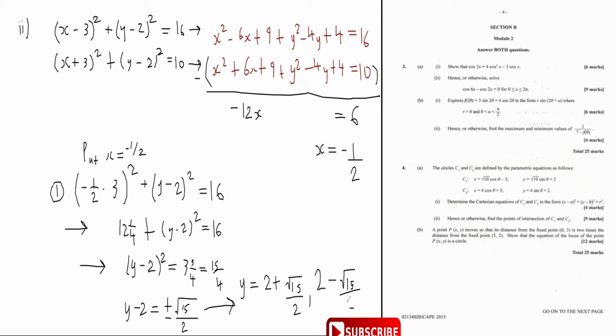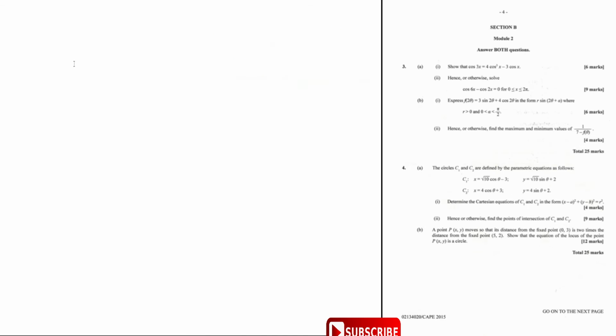All right, those are the points of intersection. So in conclusion, you can write them down now. Points of intersection are, with x being minus a half: minus a half, comma, 2 minus the root of 15 over 2.